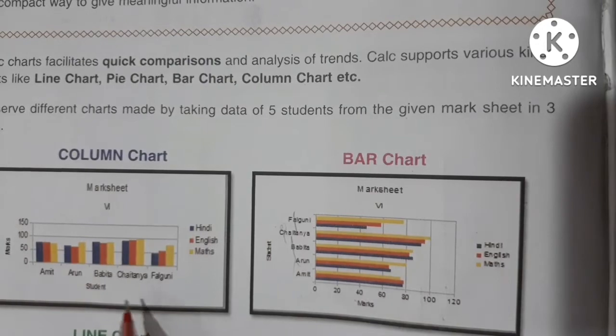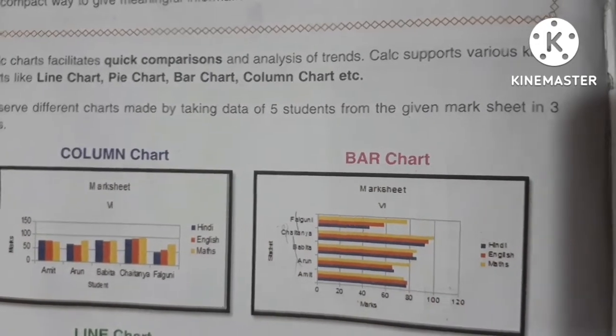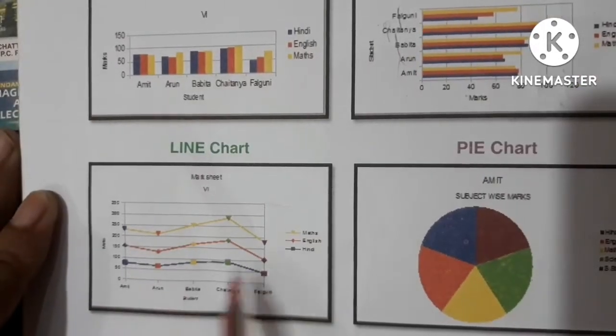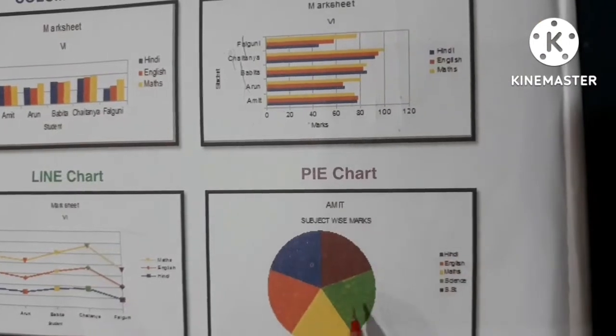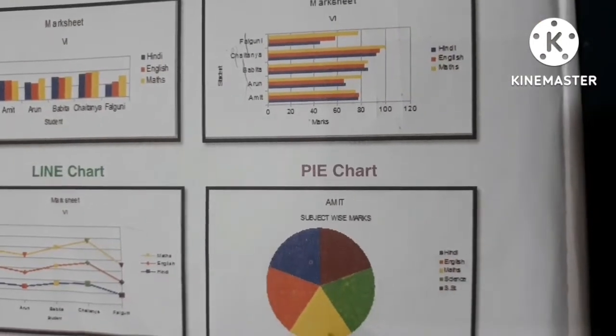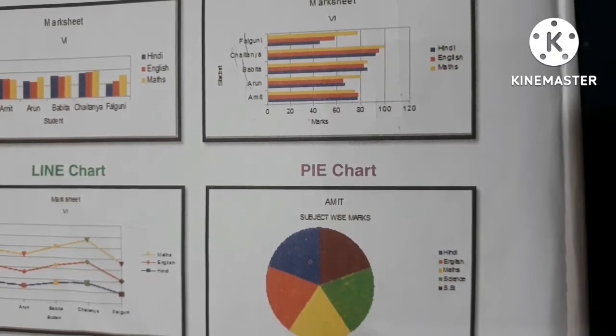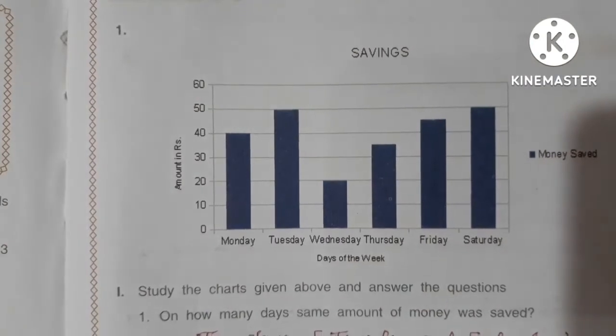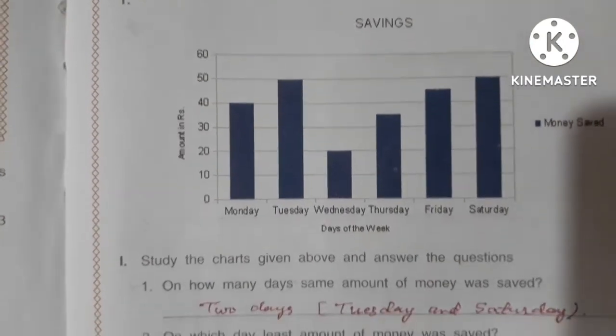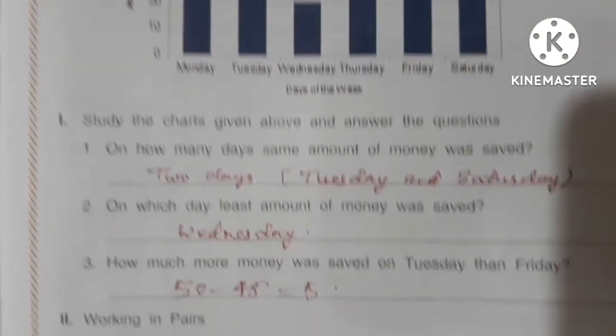Here, this is a column chart, this is a bar chart, now this is a line chart, and finally, you know, a pie chart. In class 5, in the air chapter, you have studied what a pie chart is. In the next page there is some problem, but before this there is an activity and you have to write the answer.